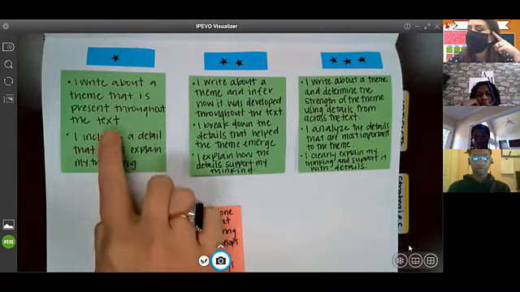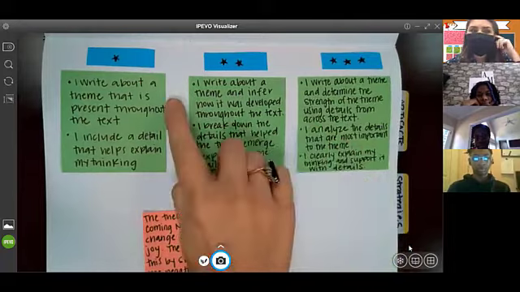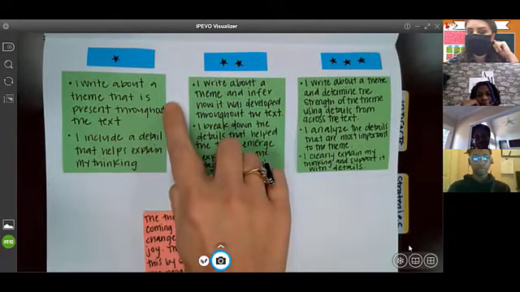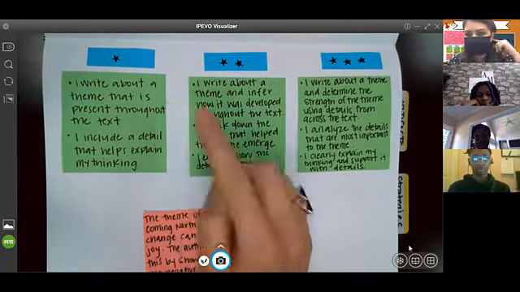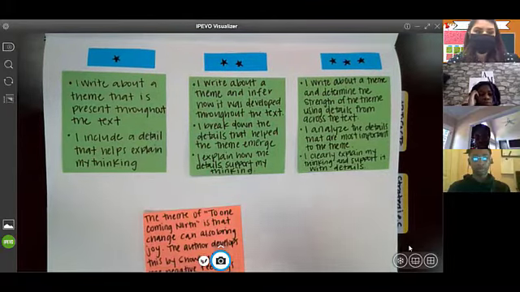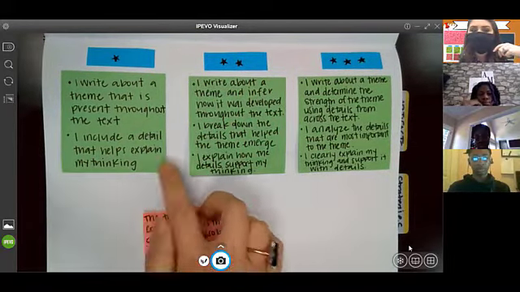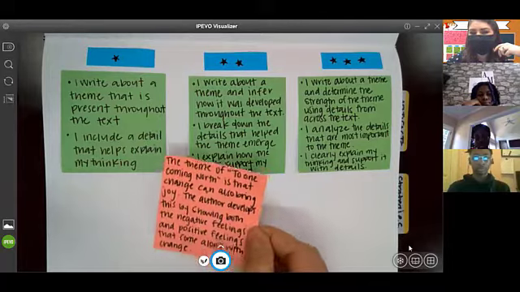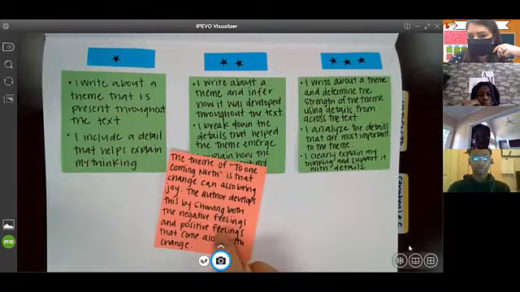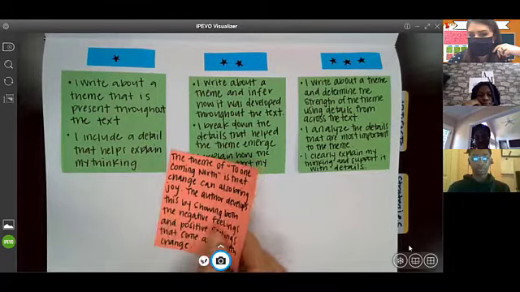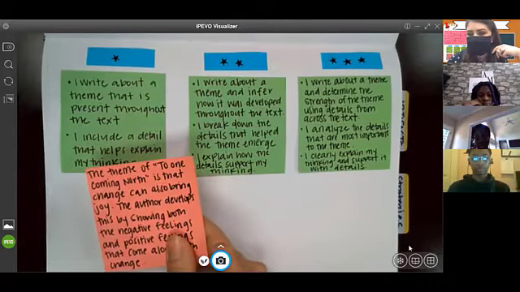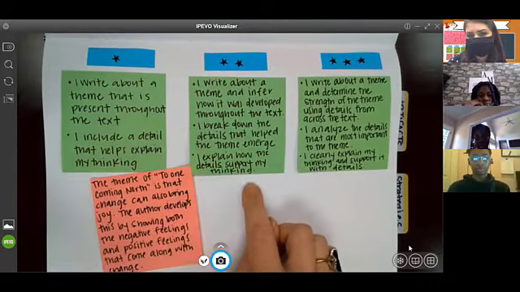I'm looking at these levels. And I notice that I do write about the theme that's present throughout the text, right? Like change can also bring joy. I included a detail kind of that helps explain my thinking about the positive and negative feelings. So I'm feeling like I could check off the 1 star, but let me look at the 2 star.